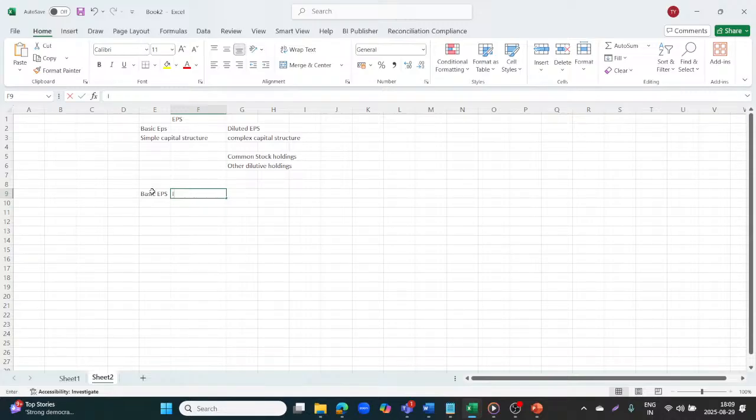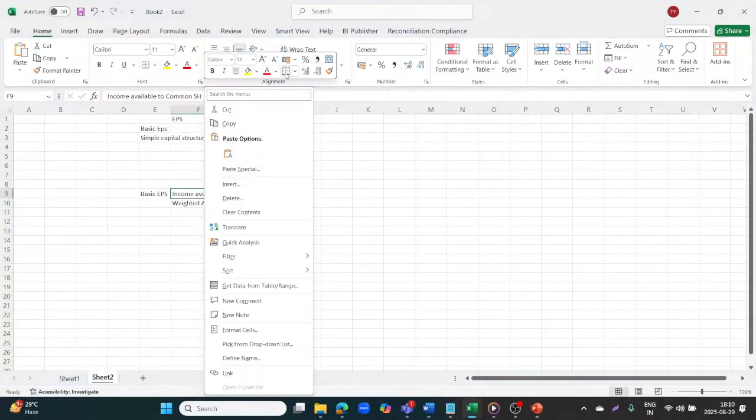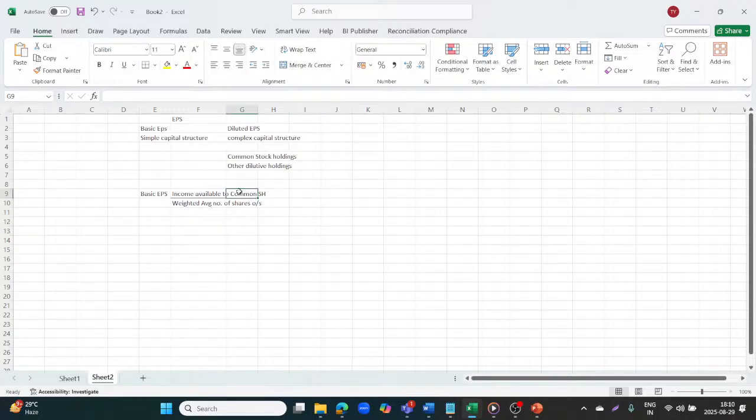Basic EPS is equal to income available to common shareholders divided by the weighted average number of shares outstanding. So this is the formula.